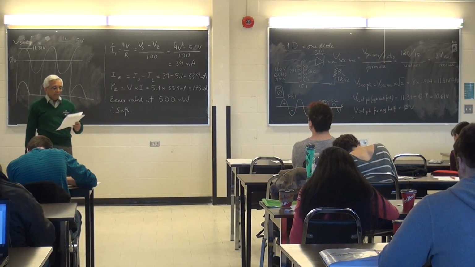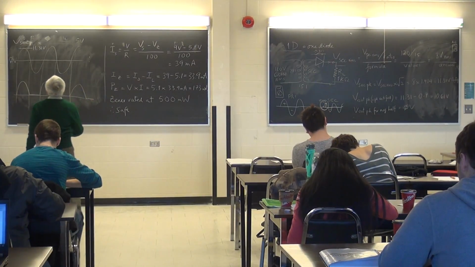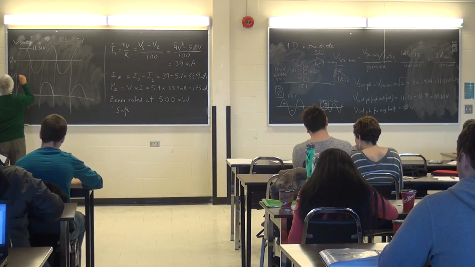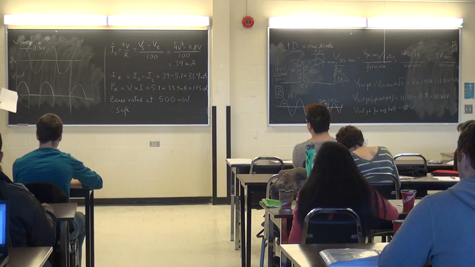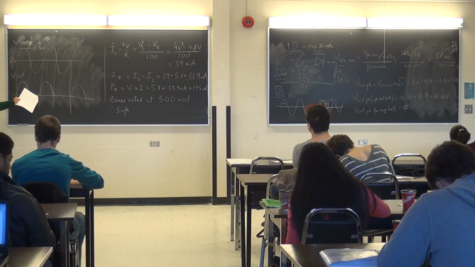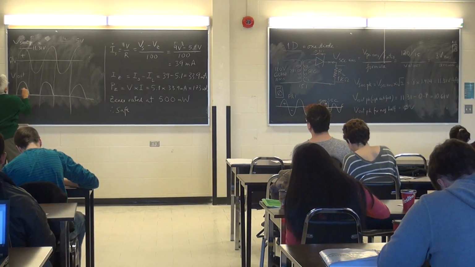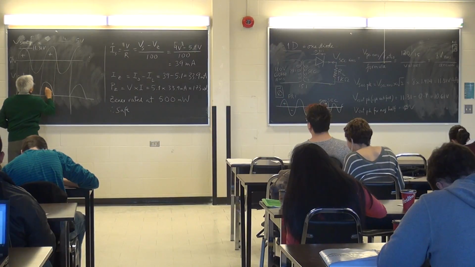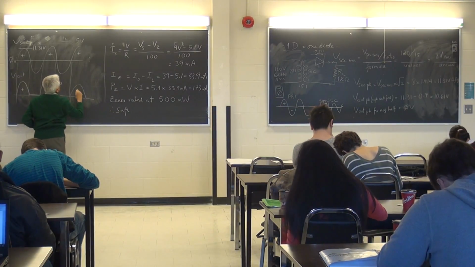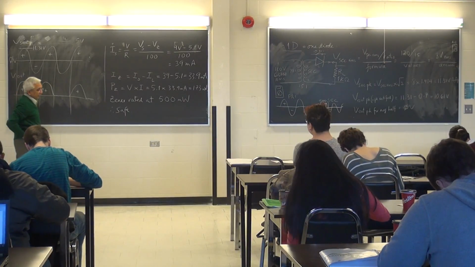Okay. Now let's go to V out. For V out, you're going to draw a positive peak followed by a 0. So for the plus, you're going to show the plus here, but for the negative, you're going to end up with a 0.